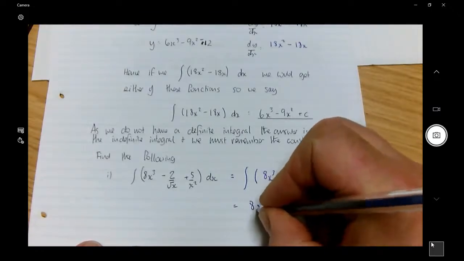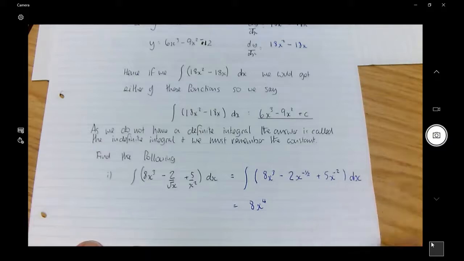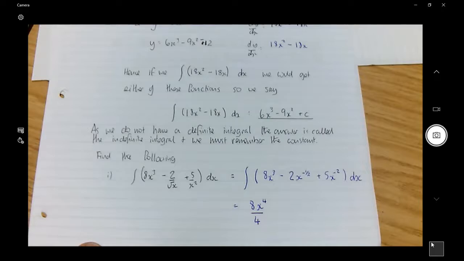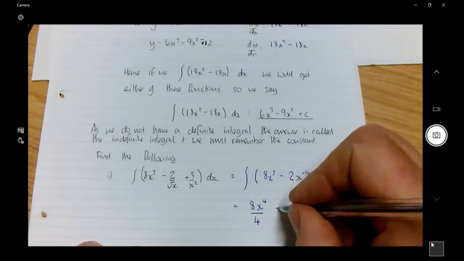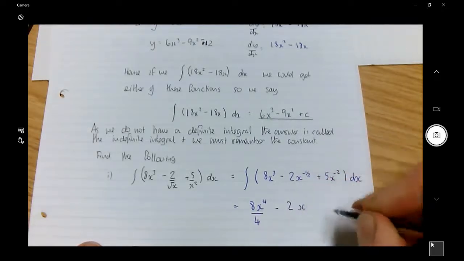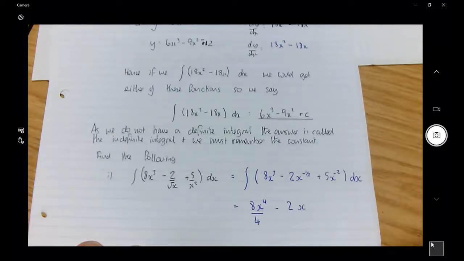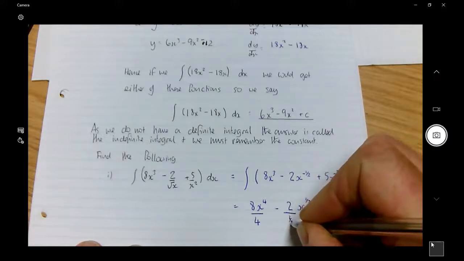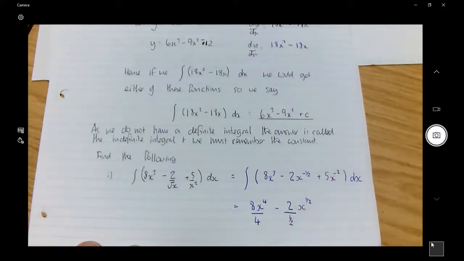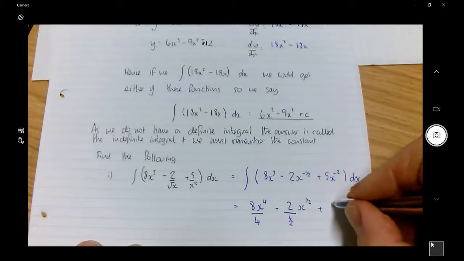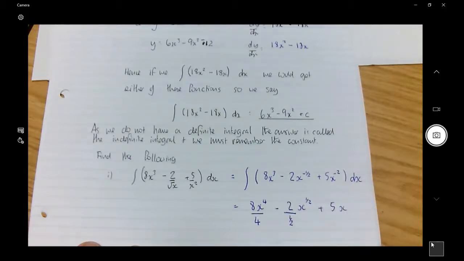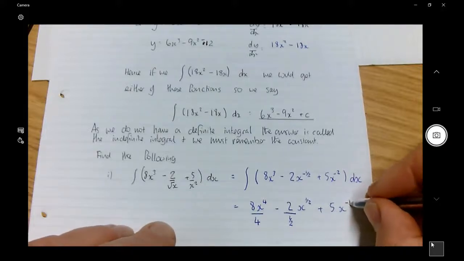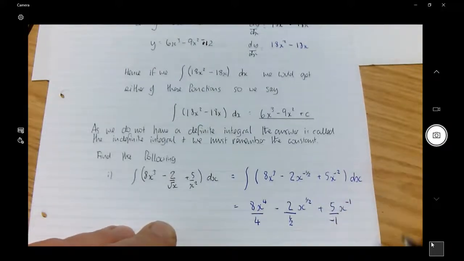It's 8x to the power of 4 divided by the new power, which is 4, minus 2x, now be careful, minus a half plus 1 is to the power of a half divided by a half, plus 5x, now be careful, minus 2 add 1 is minus 1 divided by minus 1.